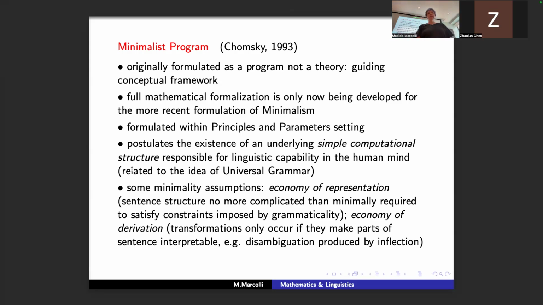Okay, and so in a sense, part of what was proposed at the time is that what this simple mechanism should be is something that should be identifiable in terms of some optimality condition, some kind of economy principle, some kind of least action principle, or something that is justifiable in terms of saying that it is minimal in an appropriate sense.